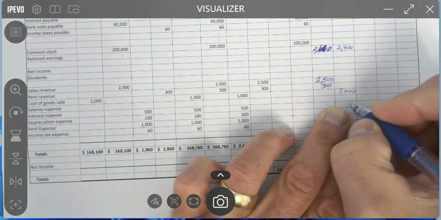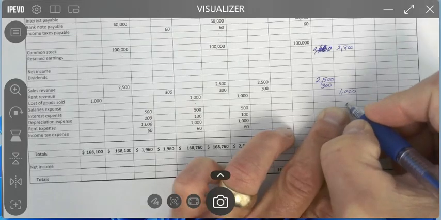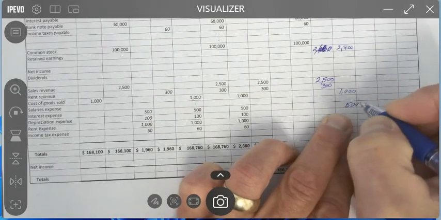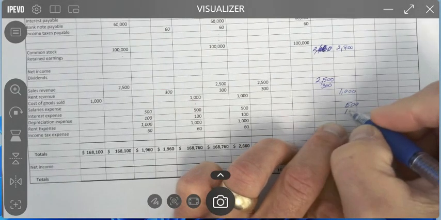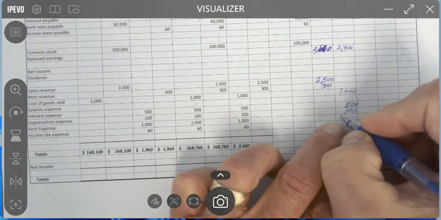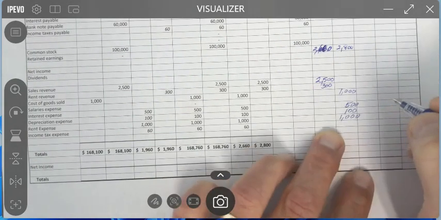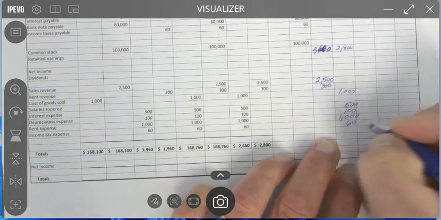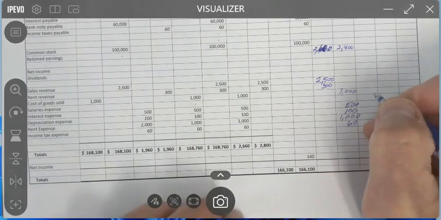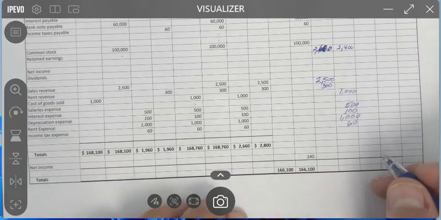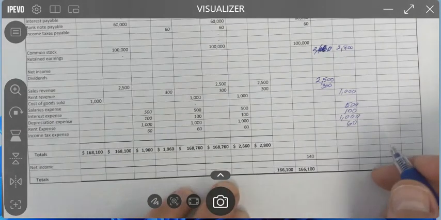A credit to interest expense for $500. A credit to depreciation expense of $100. Rent expense of $1,000. And income tax expense of $660.